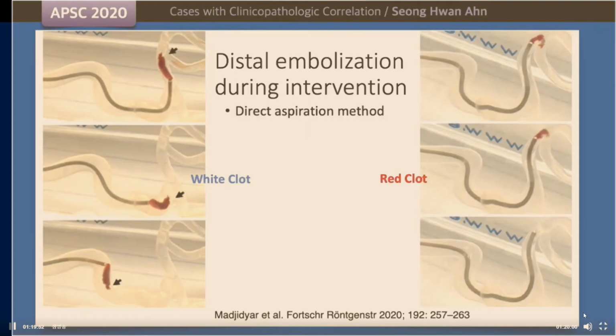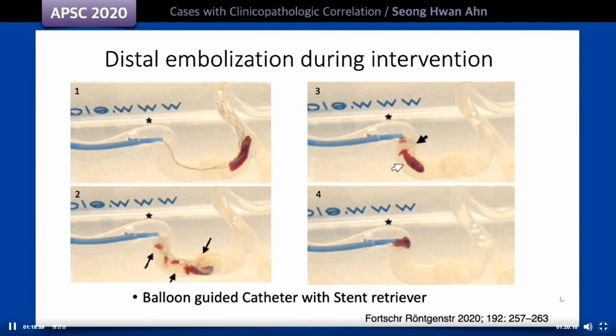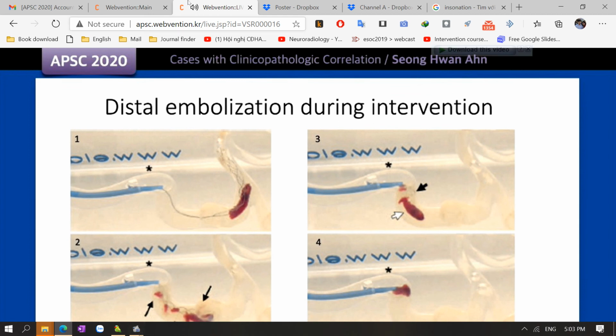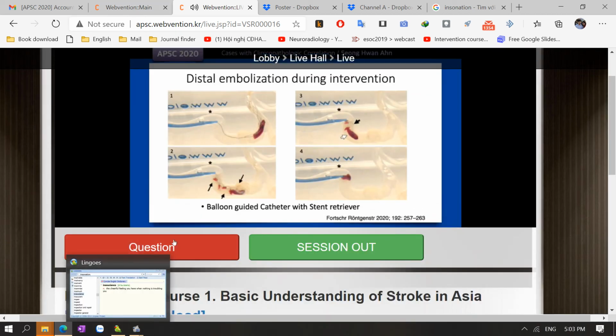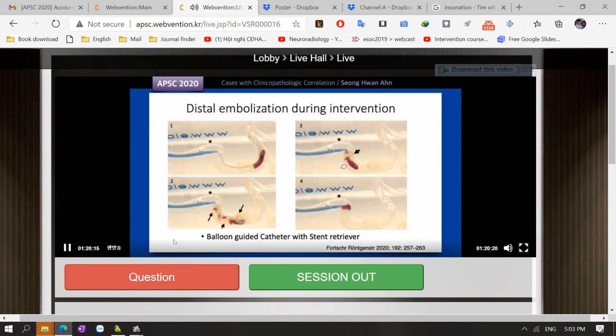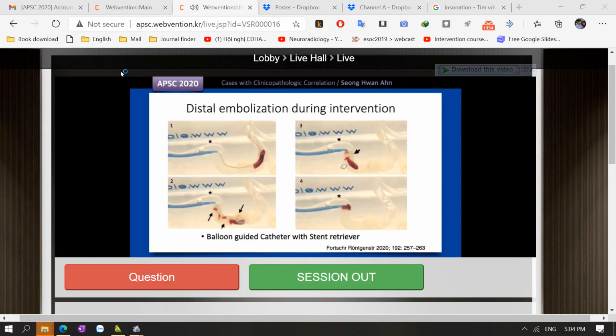In red thrombi, during retraction of the stent retriever, the clot is fragmented. When the retriever is pulled back into the balloon-guided catheter, a large part of the clot loses contact with the retriever tip. However, the balloon-guided catheter makes flow arrest and can aspirate this part.